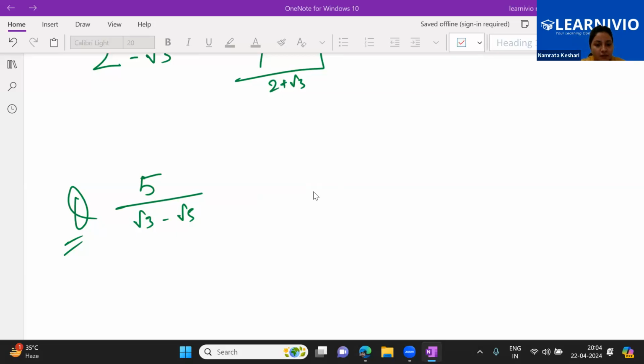I'm done. Yes, Samya, what did you get? Ma'am, 5 root 3 plus root 5 upon minus 2. Same answer, both have got. Let's do it over here on the screen and let's check.